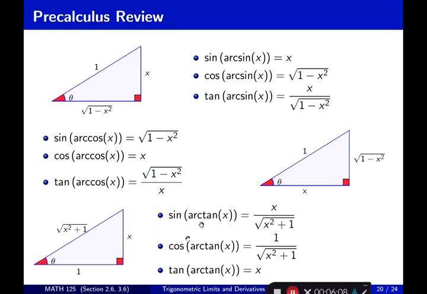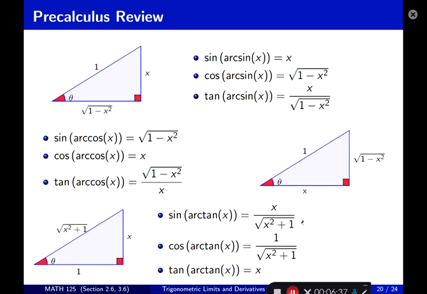Then over here, in the last set, the inner function is arctangent of x. Set the triangle so that opposite over adjacent is x over 1. Use the Pythagorean theorem to calculate the hypotenuse. Then find sine, cosine, and tangent of theta.